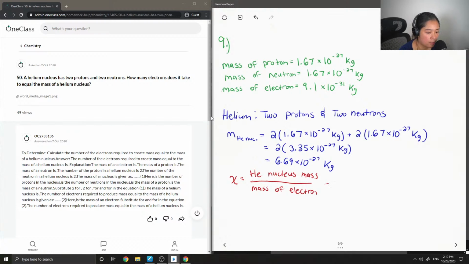Okay, so subbing these values in, I'm going to put the 6.69 times 10 to the negative 27 that we just calculated, all divided by the mass of 1 electron, which is 9.1 times 10 to the negative 31 kilograms. And then when we calculate this, we end up with a value of 7.4 times 10 to the 3 electrons.